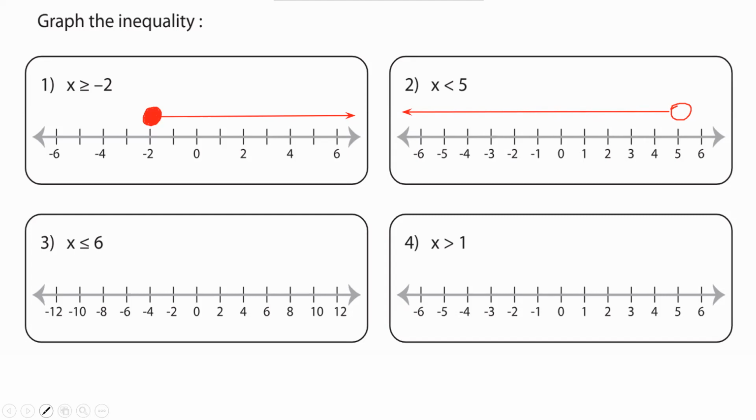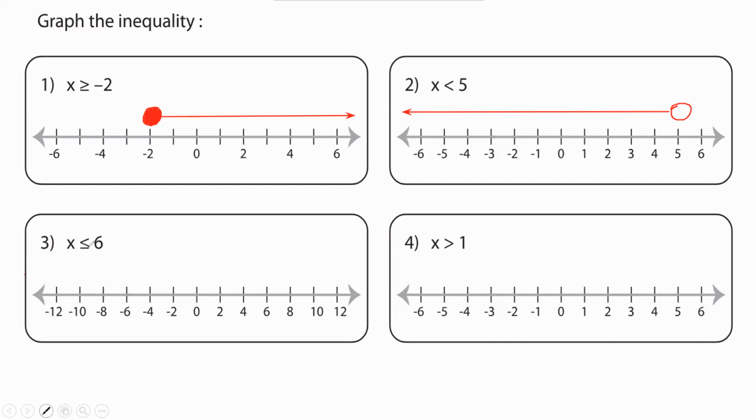Okay, let's move on to number 3. It says x is less than or equal to 6. For this one, are we going to shade it or not shade it? We're gonna shade it. Can someone tell me why we're gonna shade it? Because there's a line underneath the symbol.